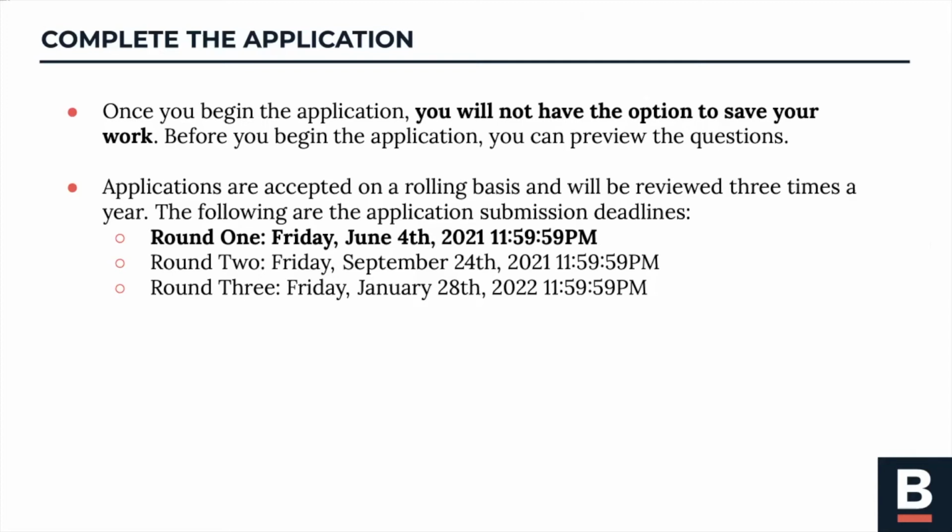So anything beyond that, starting June 5th, will be considered for the second round. The second round deadline will be September 24th, 2021, and the third round will be January 28th, 2022. As I noted before, we don't anticipate those second round and third round dates changing, but please check on the website as you get close to your submission time, just to make sure.